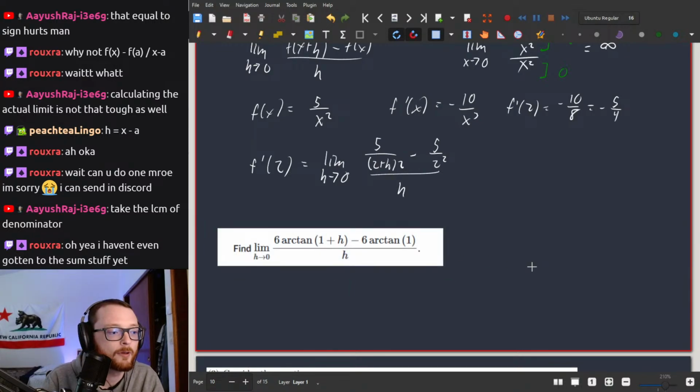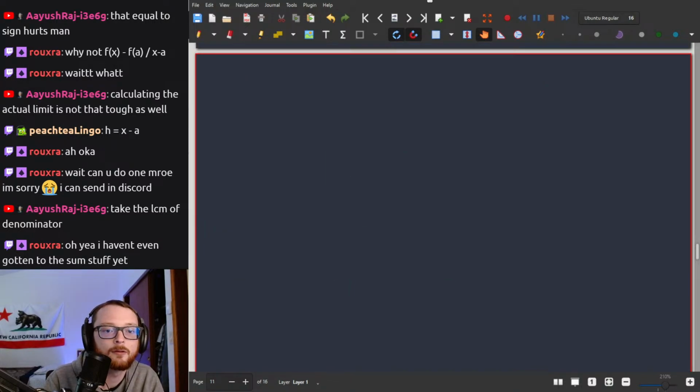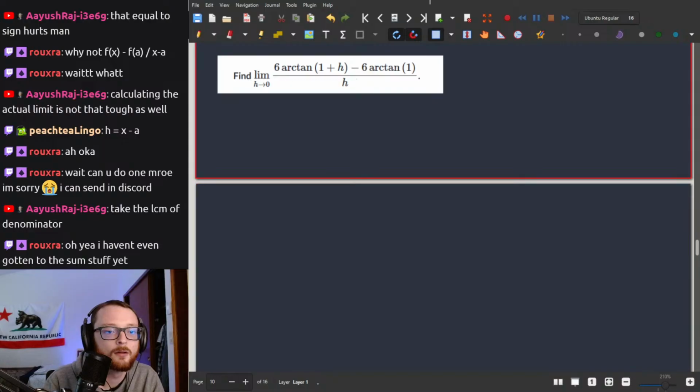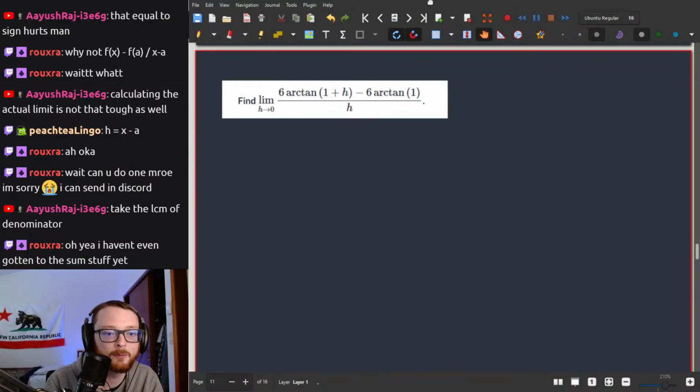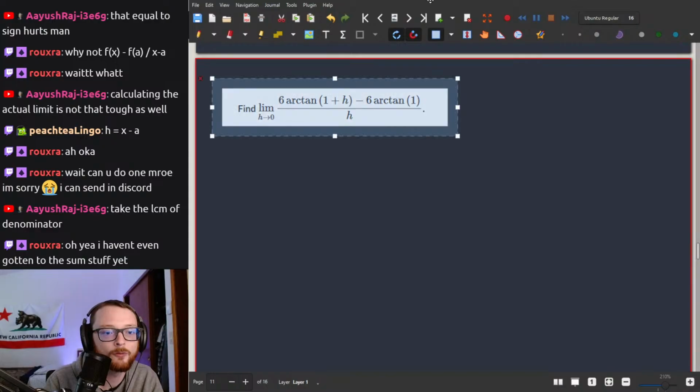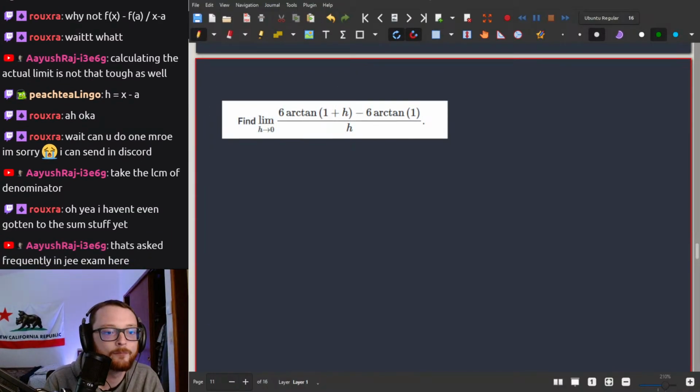So if we were doing this problem blind and we weren't told it's a disguised derivative, the thing you'd have to hope that you notice is we have the same function here, 6 arctan. Besides ignoring the h, they both have a 1 plugged into them.